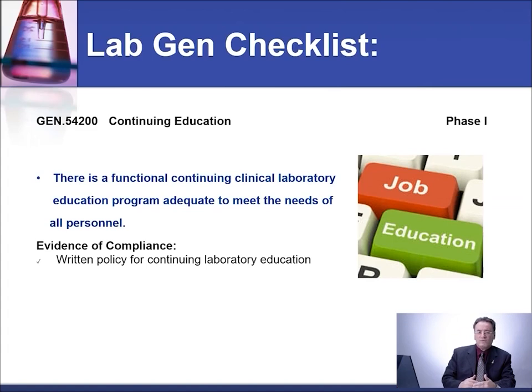Then that calendar that you prepared for the year, you can attach it to this standard as proof that you have continuing education for your staff. Of course, you can also tell them that we have continuing education in the hospital. Also, you send your staff outside of the hospital for seminars, conferences, and workshops.